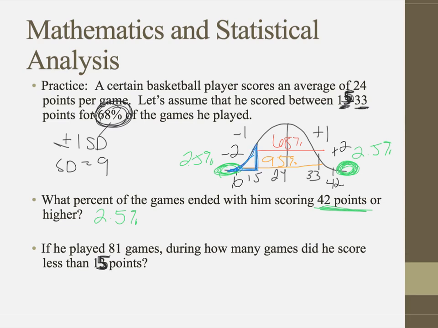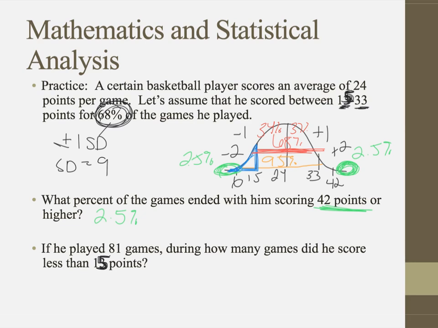All right, the easiest way to do that is to figure out what we have left to work with. I know that out of this 68%, this area in here, 34% of it is going to be over here, and the other 34% is over here. So that's another way of writing that.